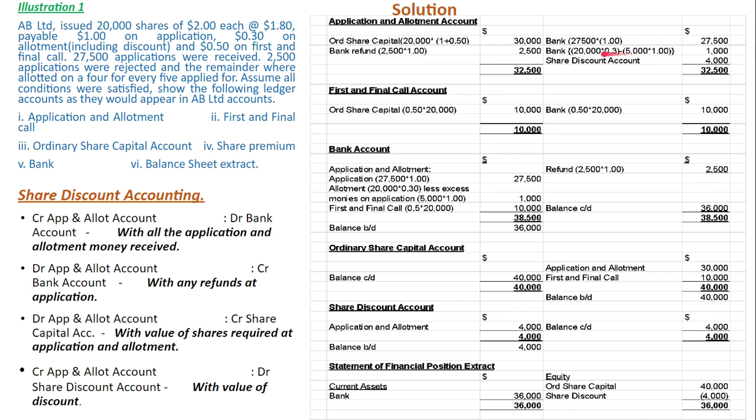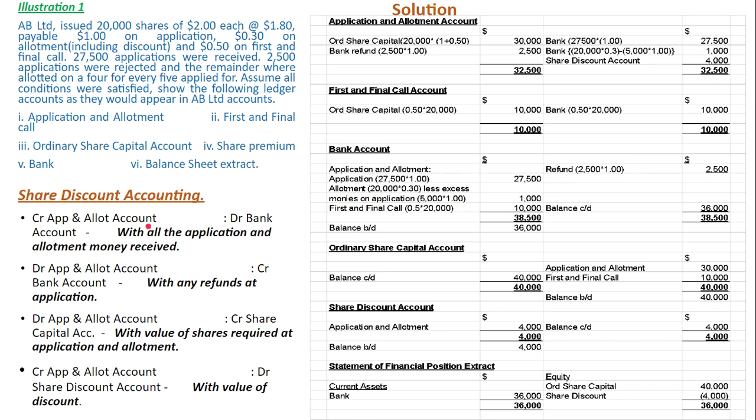Double entry, we go to the bank account where we record application and allotment columns. On application, 27,500 times $1 to give us 27,500. On allotment, 20,000 times 30 cents less excess monies on application, which is 5,000, to give us $1,000.